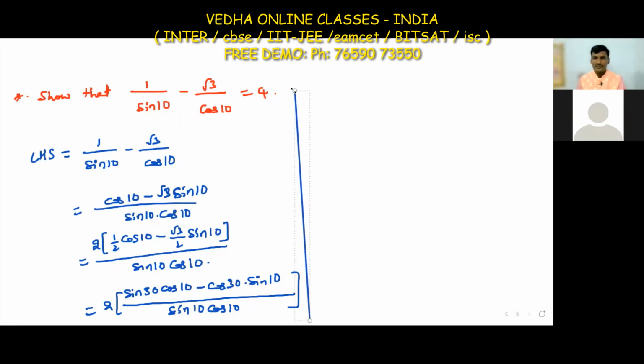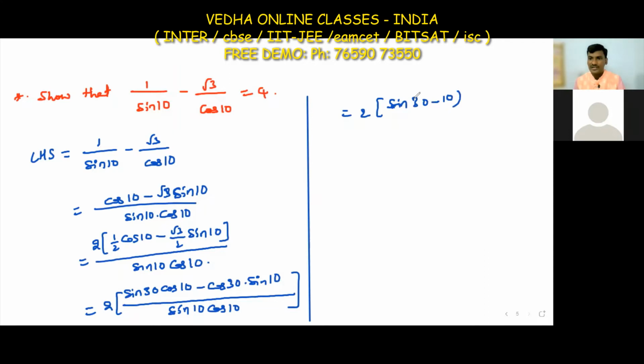Now this is equal to 2 into sin A cos B minus cos A sin B, that is the sin A minus B formula. So 2 into sin of 30 minus 10, divided by sin 10 into cos 10.